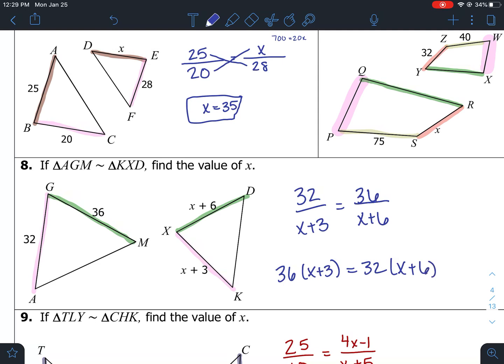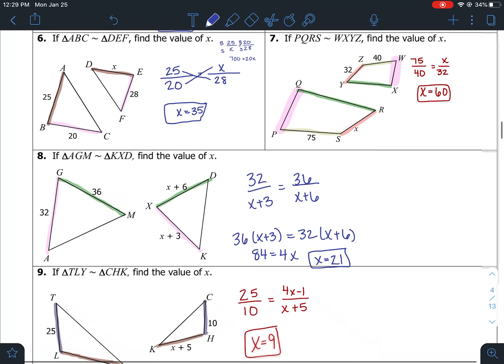When you solve that, abbreviating, you should get 84 equals 4x. So x equals 21. You could have also done 32 over 36 equals x plus 3 over x plus 6. That works too.